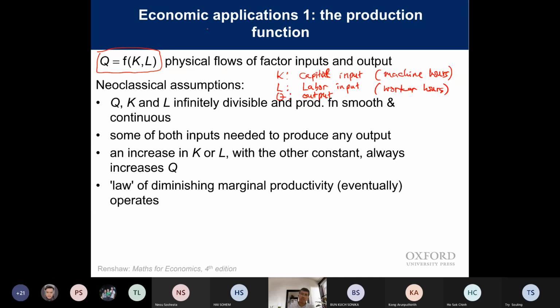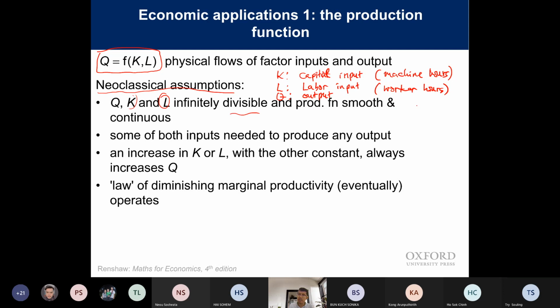In order for it to be a reasonable production function, we have to make some assumptions known as the neoclassical assumptions. First of all, we suppose that Q, K, and L can take any value.